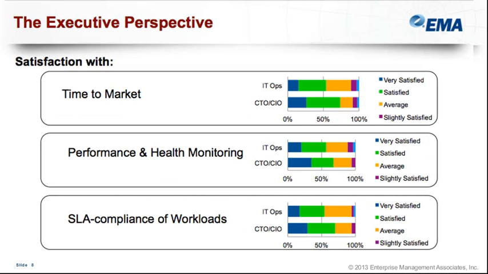So this next slide shows a little bit of the divide between C-level and the people who actually do the work. You can see that the satisfaction level of C-level guys is significantly higher compared to the operators who do the work. And this is not only true for those 3 categories that you can see here on this slide. This is true across workload automation in general.